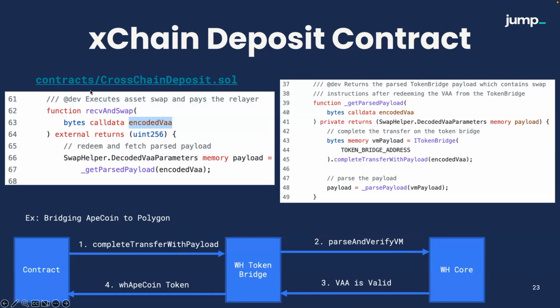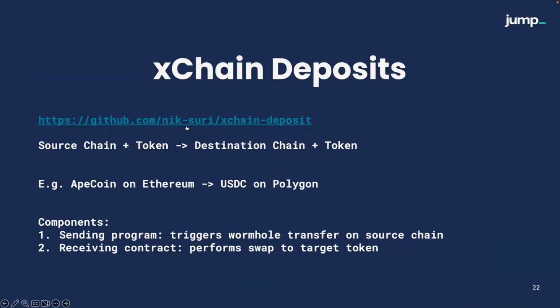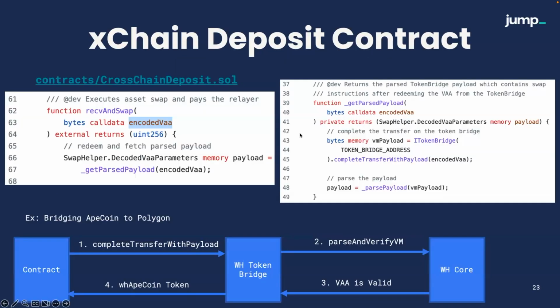For the cross-chain deposits example, if you follow this link here to the GitHub repository I put together, this is the function that will receive the VAA and then call into the token bridge complete transfer with payload.